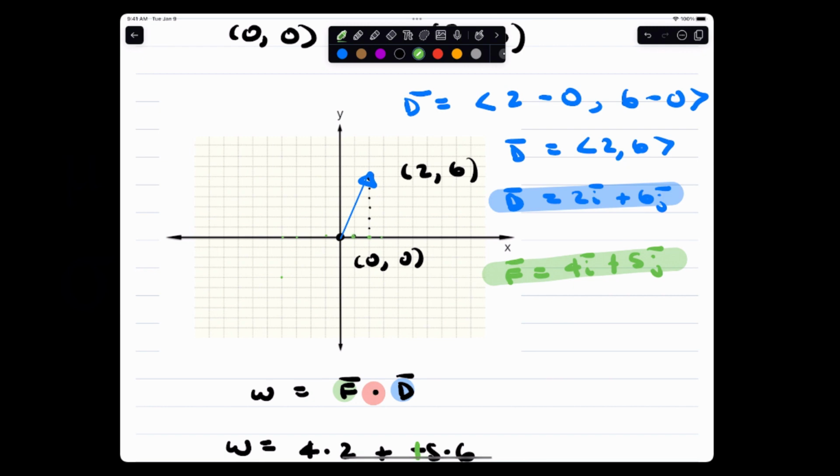1, 2, 3, 4, and then up 1, 2, 3, 4, 5. Okay. So it has to make this sense here.